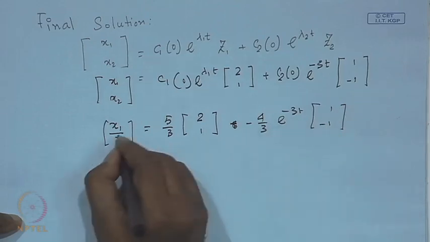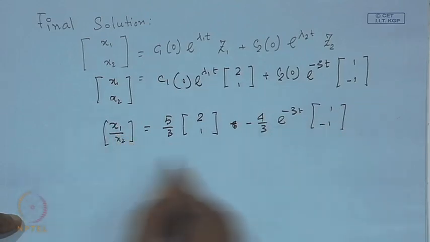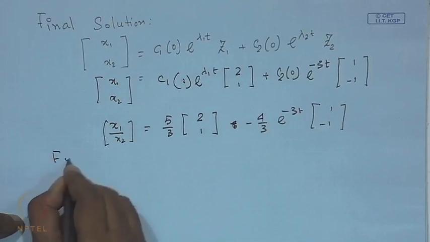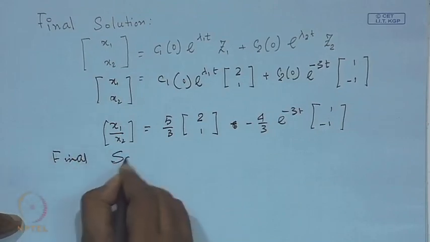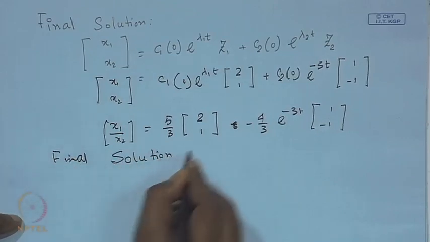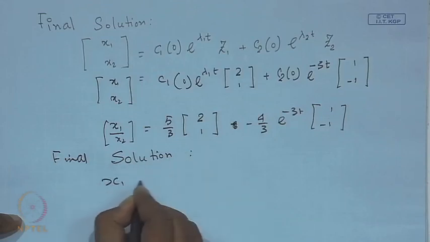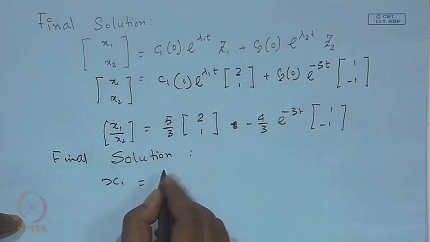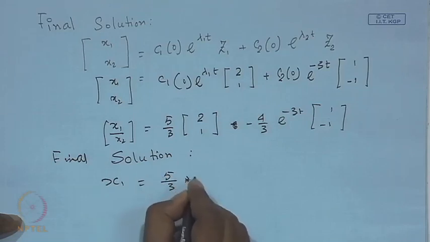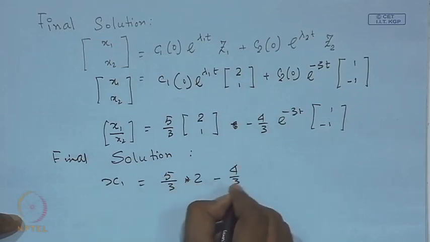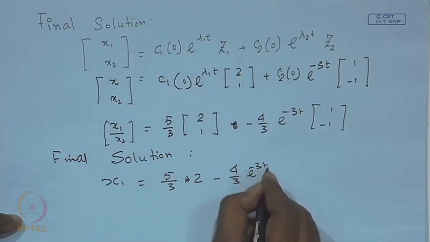Therefore, we can construct the final solution as x1 equal to 5 by 3 into 2 minus 4 by 3 e to the power minus 3 t times 1.